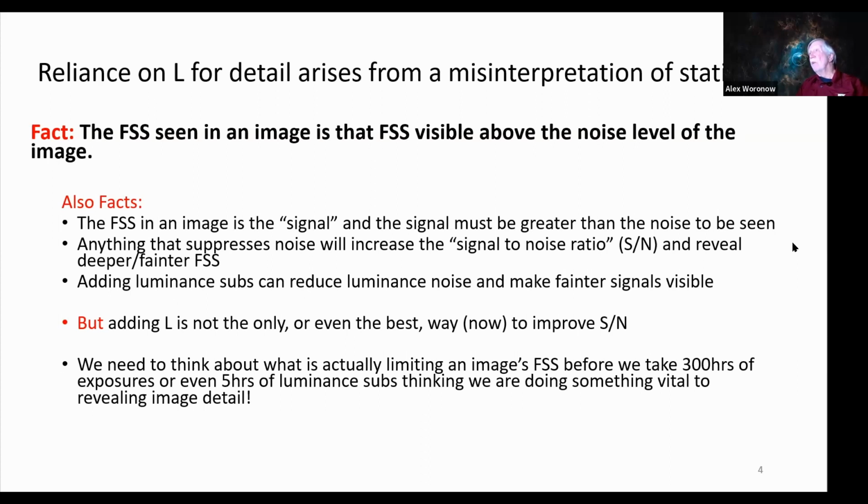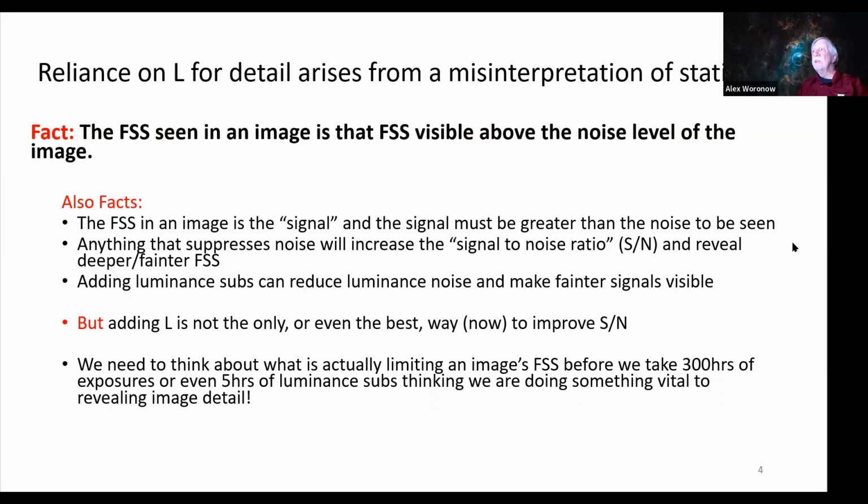Sometimes they're buried in the noise level of the image and we can't see them. An image has two components in it that play off against each other: signal and noise. Anything that suppresses the noise raises the signal to noise ratio, which makes the signal stand out in the image. So suppressing noise is what it's all about.